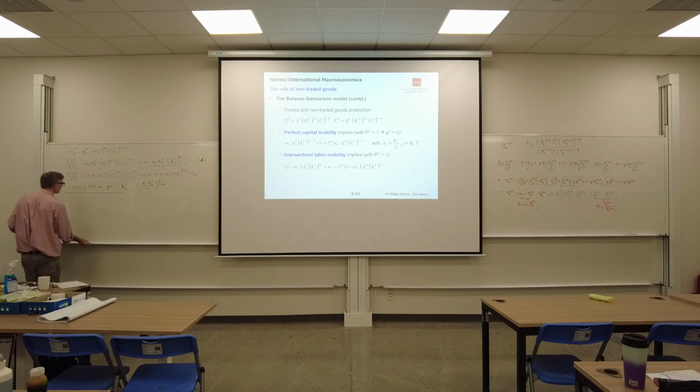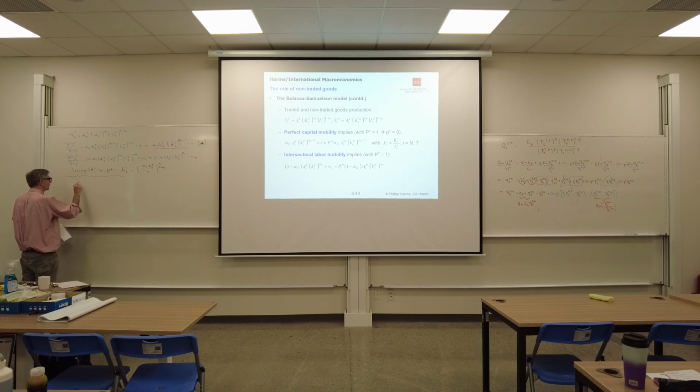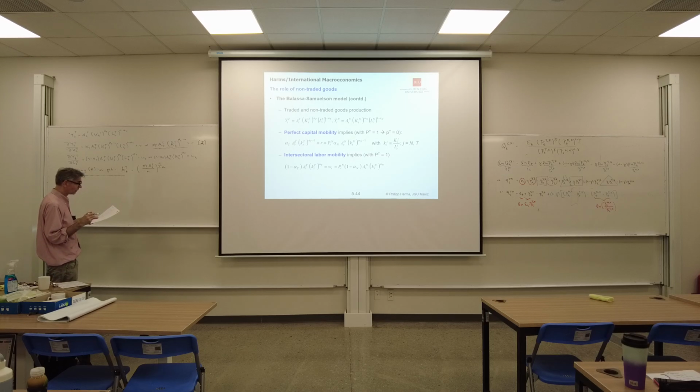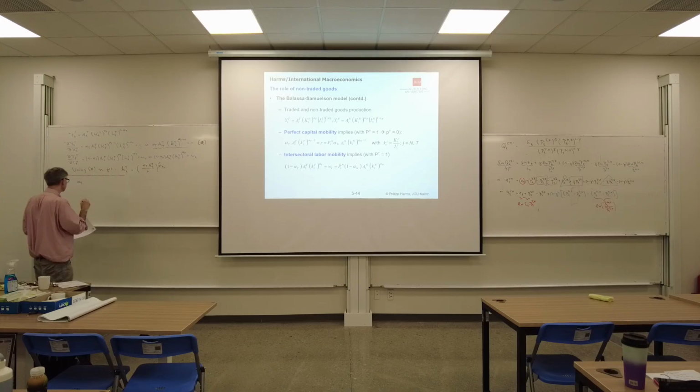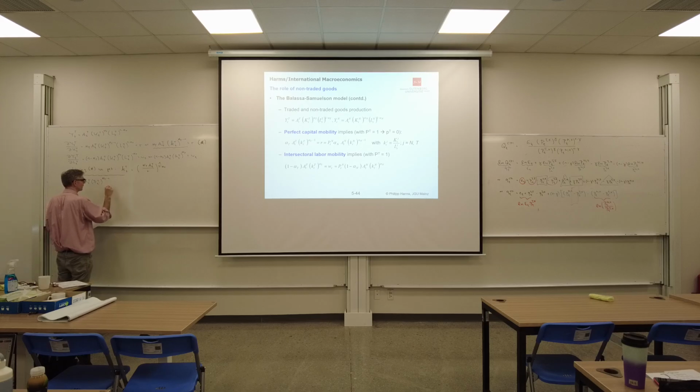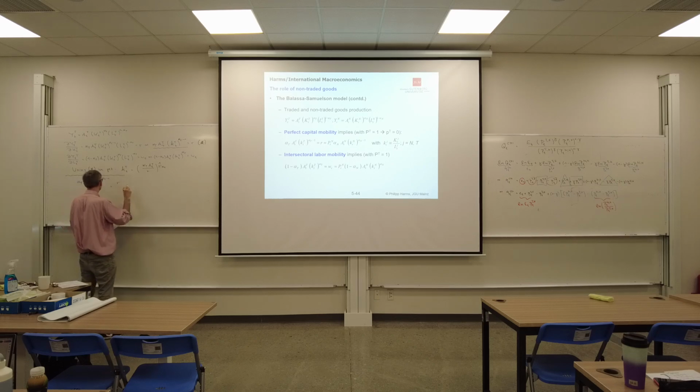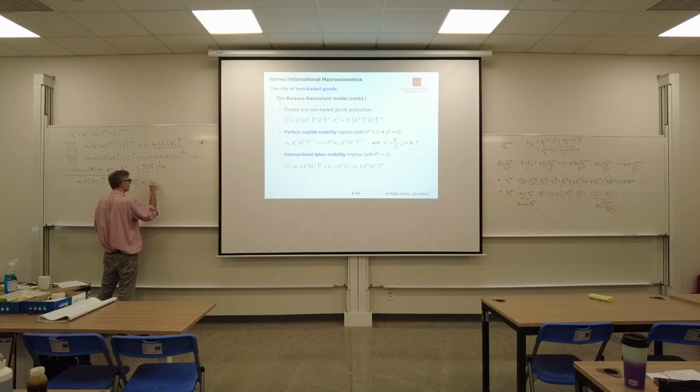We have alpha T AT KTT to the power of alpha T minus 1 equals R, and that equals PTN alpha n ATN KTN to the power of alpha n minus 1.